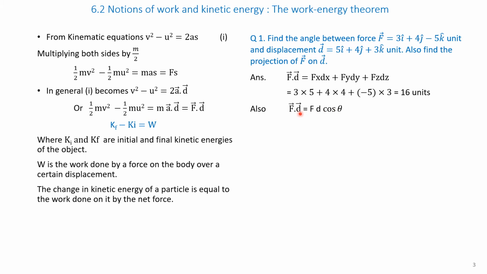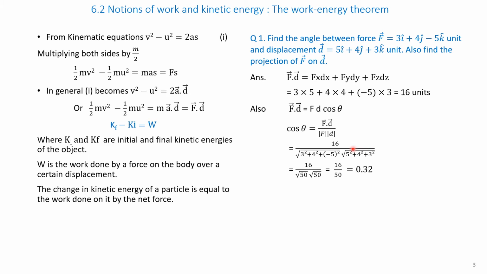Also we know F dot d is equal to F d cos theta. Therefore, cos theta is equal to F dot d divided by mod of F into mod of d. We have found F dot d as 16, divided by the square root of 3 square plus 4 square plus minus 5 square, into the square root of 5 square plus 4 square plus 3 square.